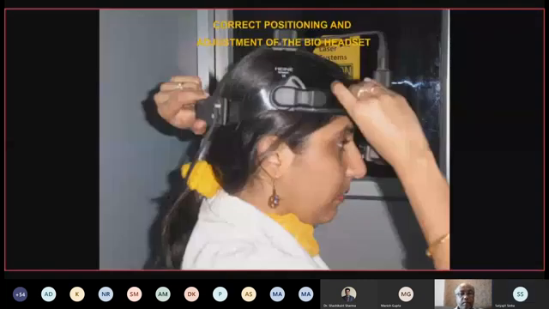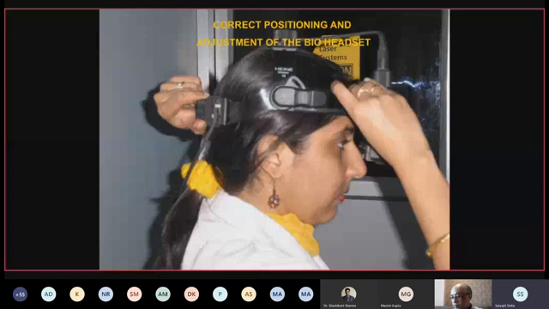I know that all postgraduates and all of us in the beginning are very excited to view what is there in the retina and what are the structures that we are going to see. But the picture that I have shown you here is just to tell you that wearing the indirect ophthalmoscope has to be done in a manner so that it is comfortable for you.